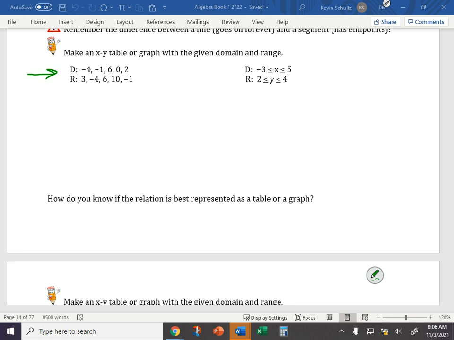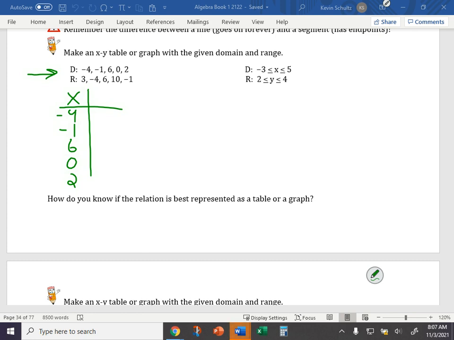Beckman? What's that? It gives you all the numbers and lists them out, right? It says the domain, which are the x values, is specifically -4, then -1, then 6, then 0, then 2. Right? They're explicitly listed there.